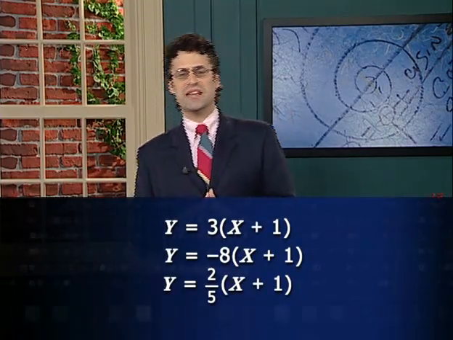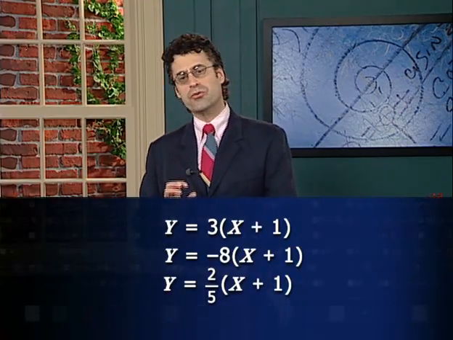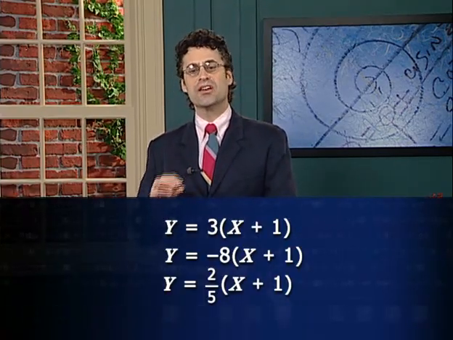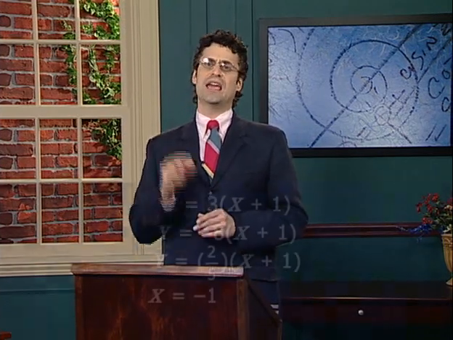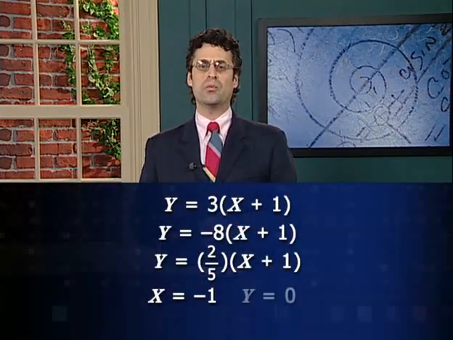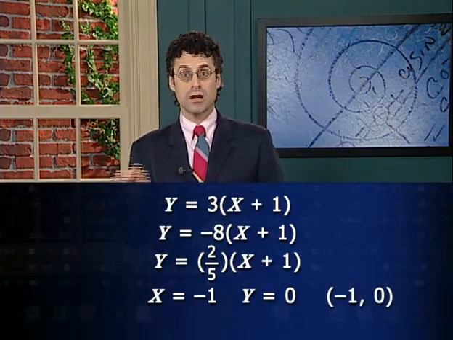Now, we notice that there are no squares appearing in these formulas, and that's why the graphs are straight lines rather than curves. We also observe that each of these lines shares a common point, namely x equals negative 1 and y equals 0, which we could write as the ordered pair negative 1, 0.